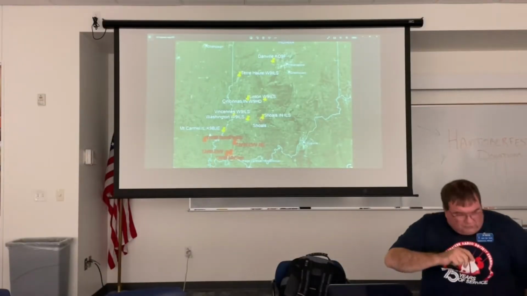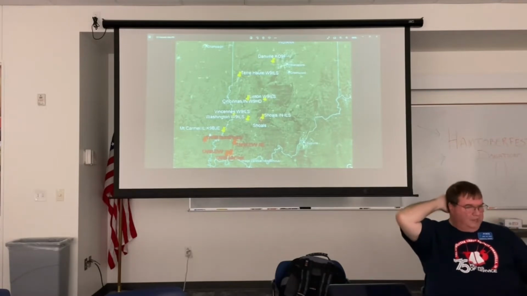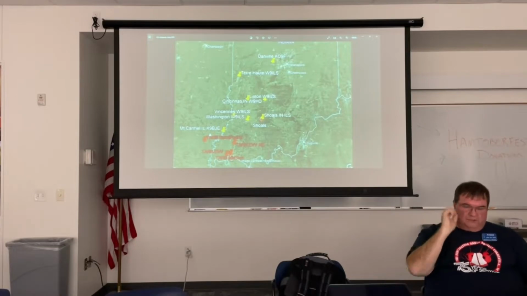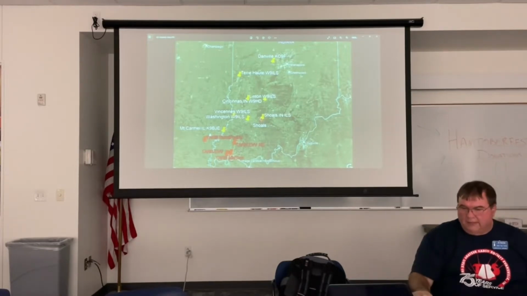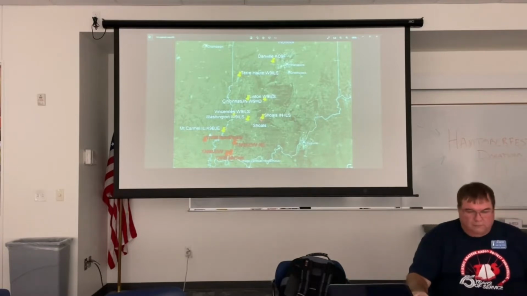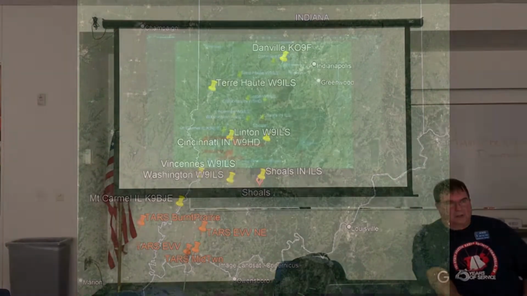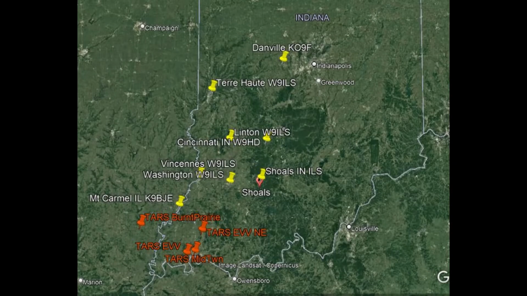Up on the screen, I just want to tell you about where these repeaters are, for folks not familiar with it or wondering how they can get on the system. Here's where the repeaters are. Down in the bottom in the red are the TARS digital repeaters.